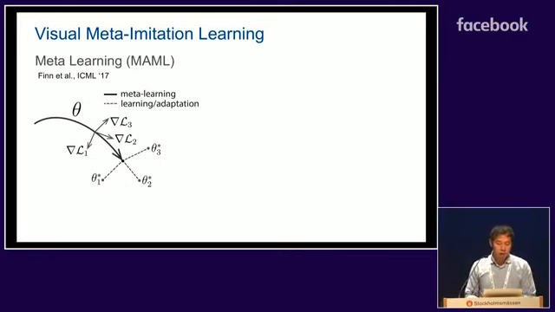And the goal is to find theta so that when we face a new task i, given a limited number of demonstrations for task i, a task-specific policy, now parameterized by theta i, can be quickly obtained from theta by a few, or ideally 1, gradient step on a task-specific loss, Li.